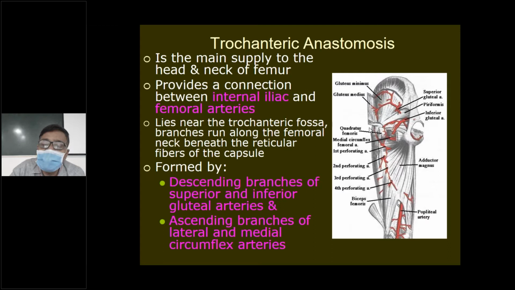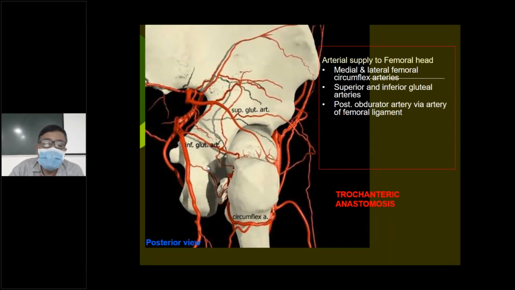The anastomosis is difficult to appreciate in the specimen. It lies near the trochanteric fossa. How is it formed? It is formed by branches of the superior and inferior gluteal arteries and branches of the circumflex femoral artery. So this is a beautiful picture of the same trochanteric anastomosis.